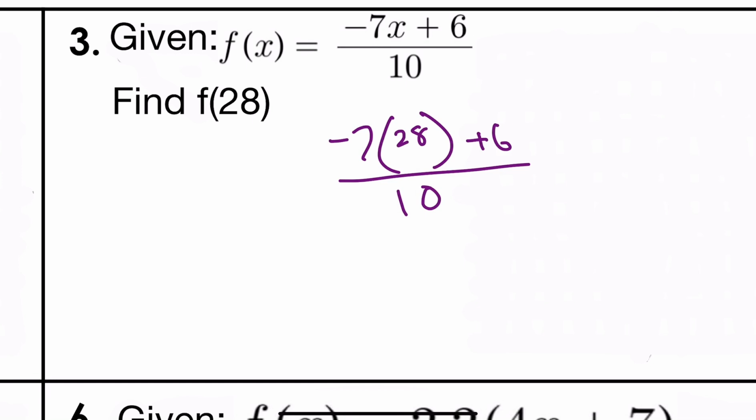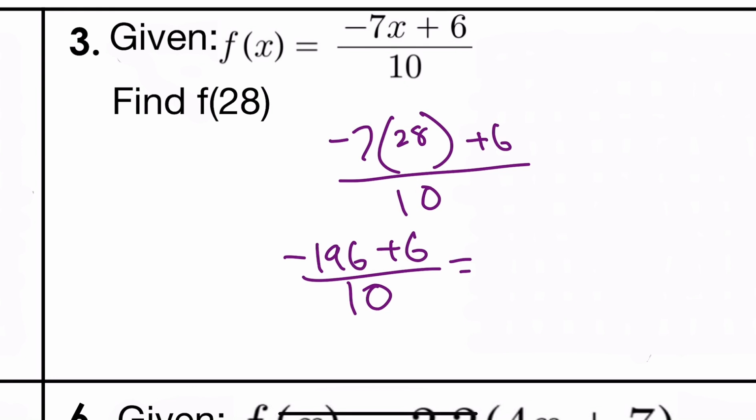So we're going to start with the very top first. You're going to solve the top first. I got -7 times 28. That is going to be -196 plus 6 over 10. Okay, well, still going with the top, I'm going to solve this part next. We have -196 plus 6.